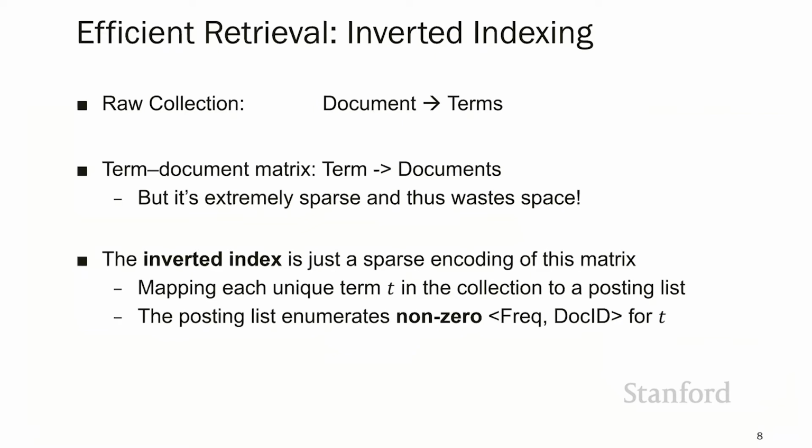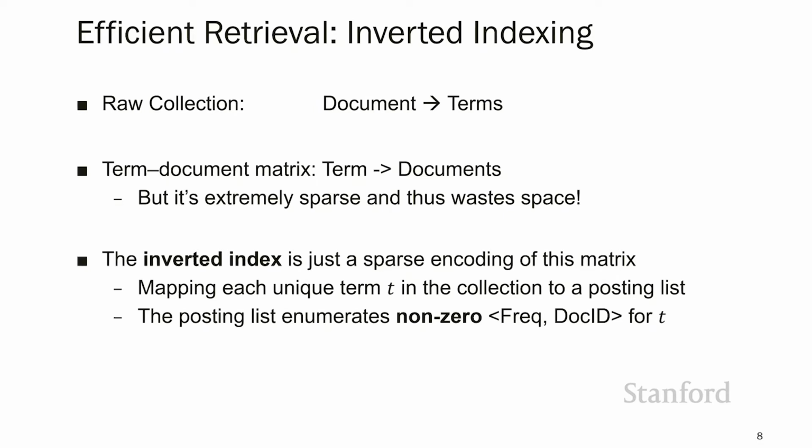So it's a bit of the reverse process. Unfortunately, the term-document matrix is way too sparse and contains too many zeros to be useful, since the average term does not occur in the vast majority of documents, if you think about it.